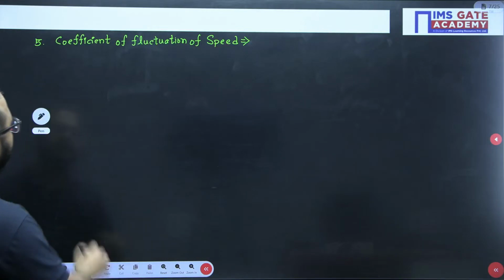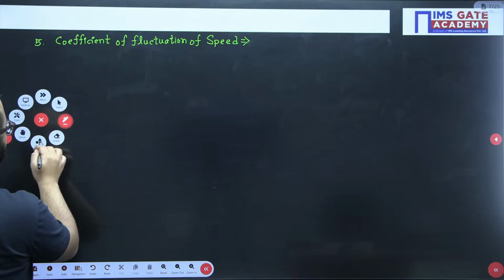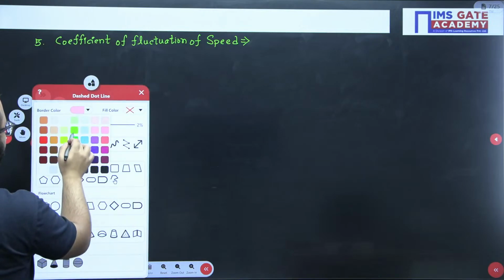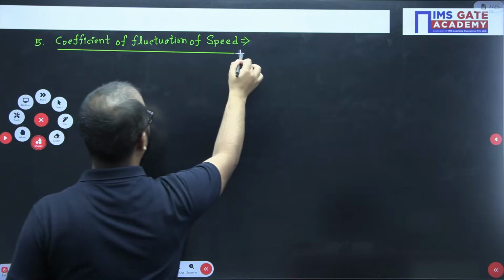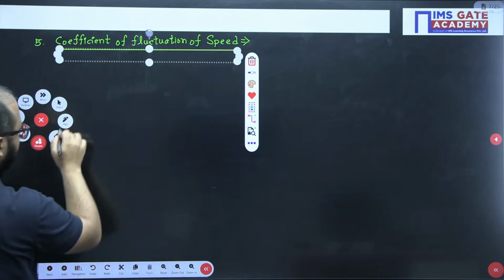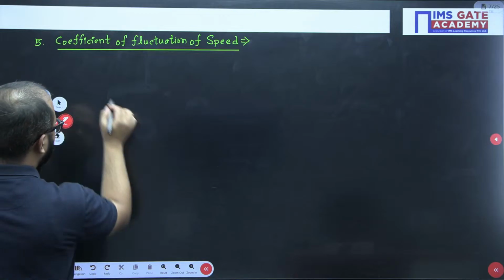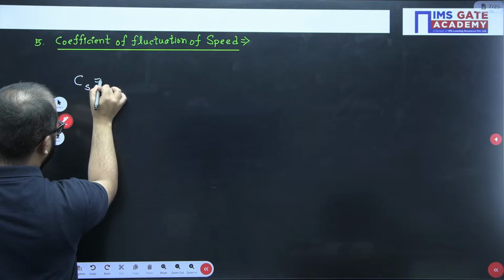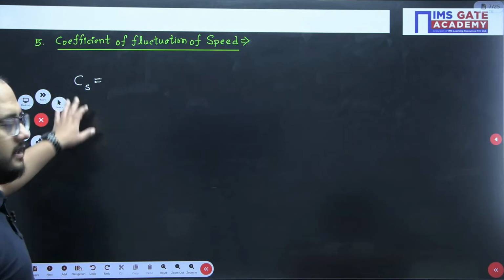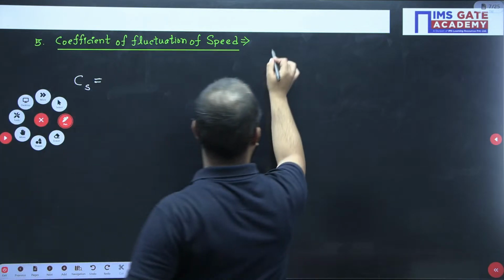Okay, now see everyone, it is first of all represented by Cs. With this we can denote the coefficient of fluctuation of speed.